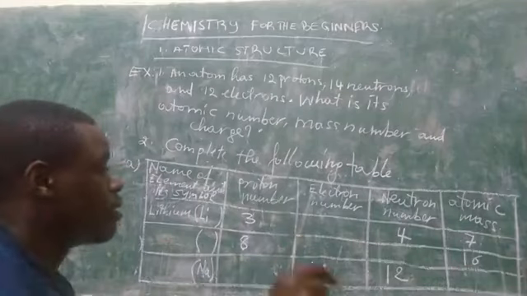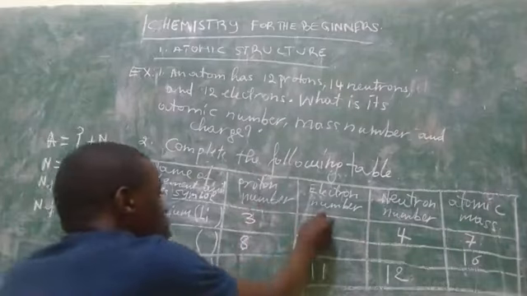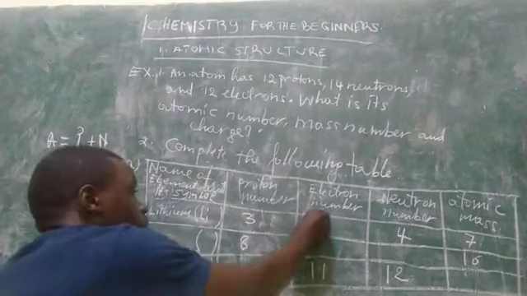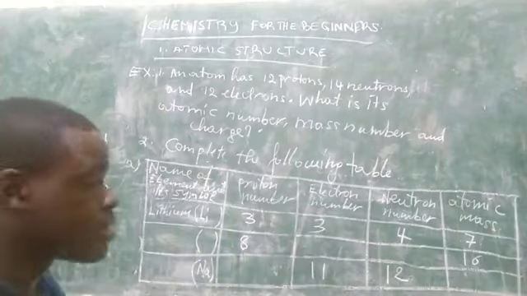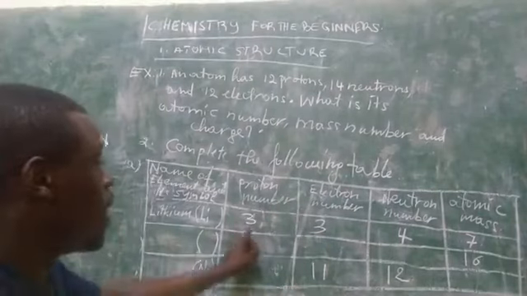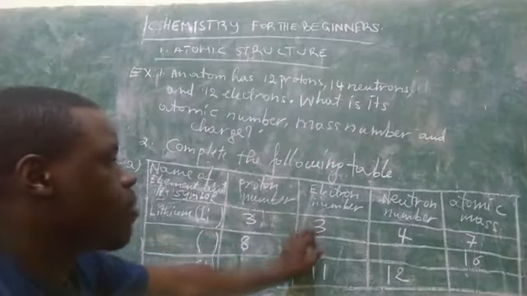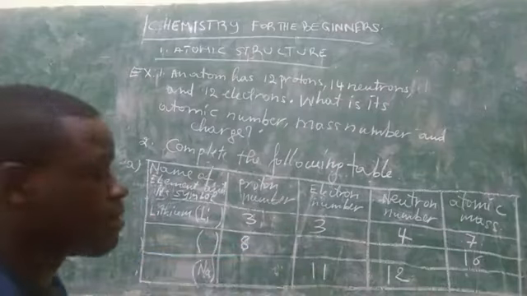So the number of protons and the number of electrons are always equal when an atom is stable. You can add that statement: electron number and proton number are equal when an atom is in a stable state.